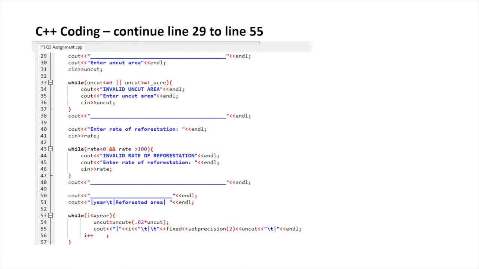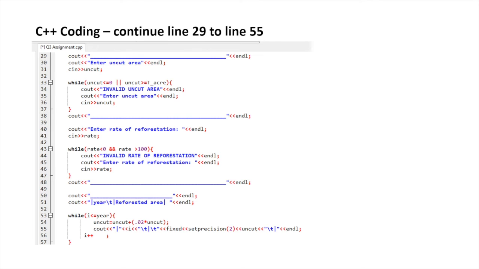So after the condition is fulfilled, it will continue and get the rate of reforestation. If the rate of reforestation is between the range 0 and 100, it will continue to the next process. But if the rate is not within the range, it will ask the user to enter a new value for the rate. After the user enters the correct value for the rate, the program will display this part to start the table.